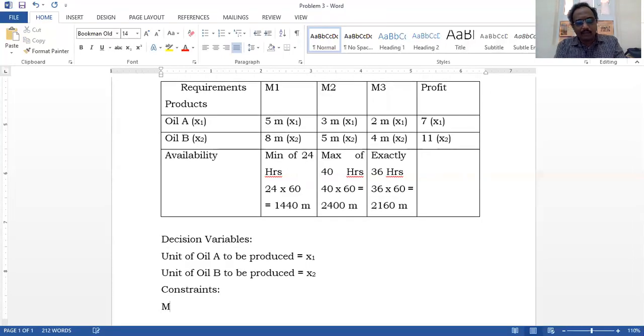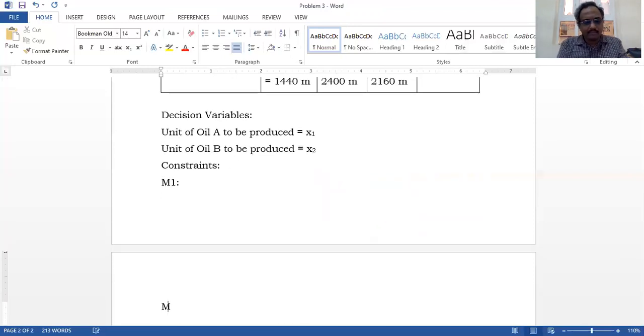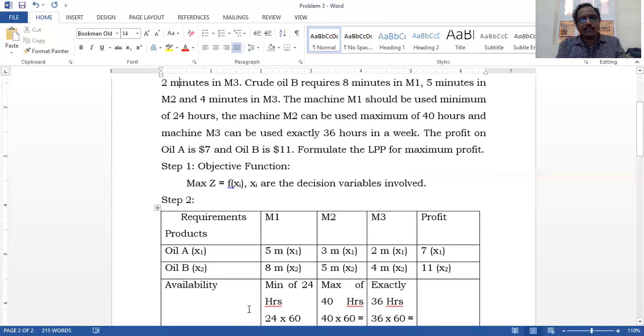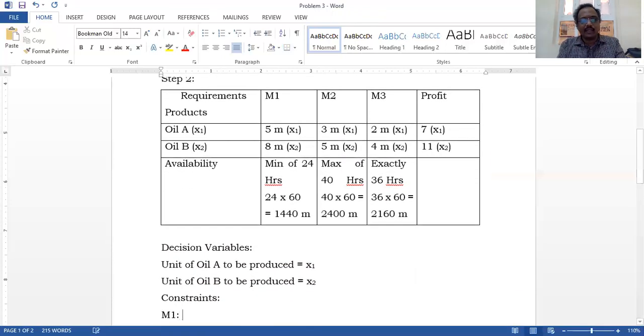So the requirement and availability are given for three machines, M1, M2 and M3. Now I am going to check for M1. What is given for M1? This is 5 and 8 minutes. I can write directly, isn't it? So this is 5x1 plus 8x2.